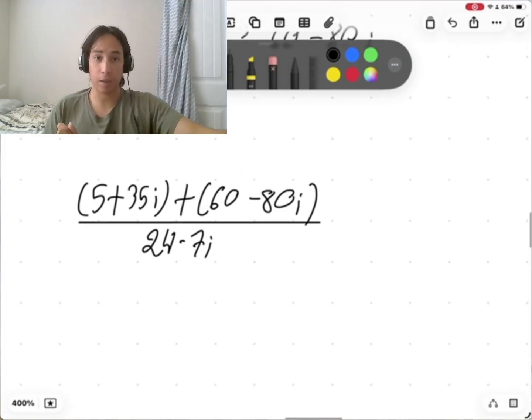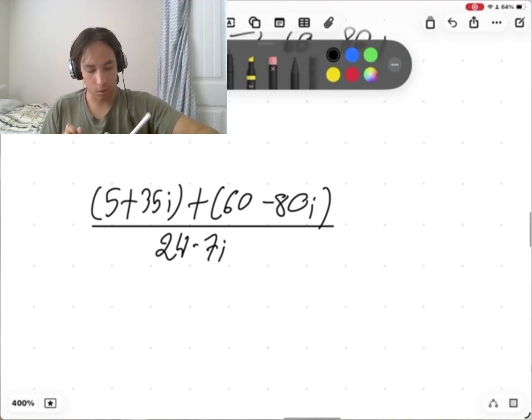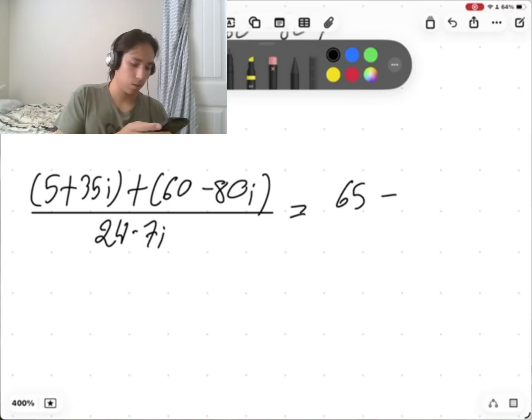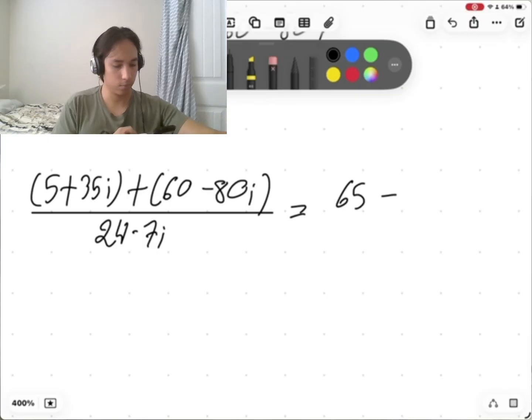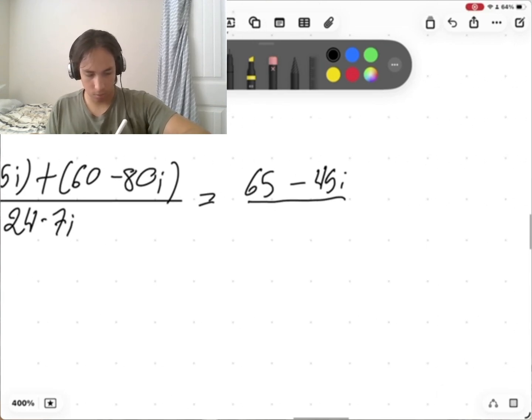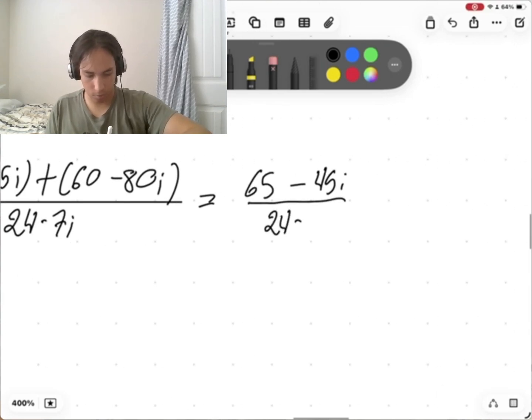From here we can combine like terms. So 60 plus 5 is 65. And this is going to be a minus. Don't judge me. 35 minus 80 is negative 45, so 45i. And 24 minus 7i.